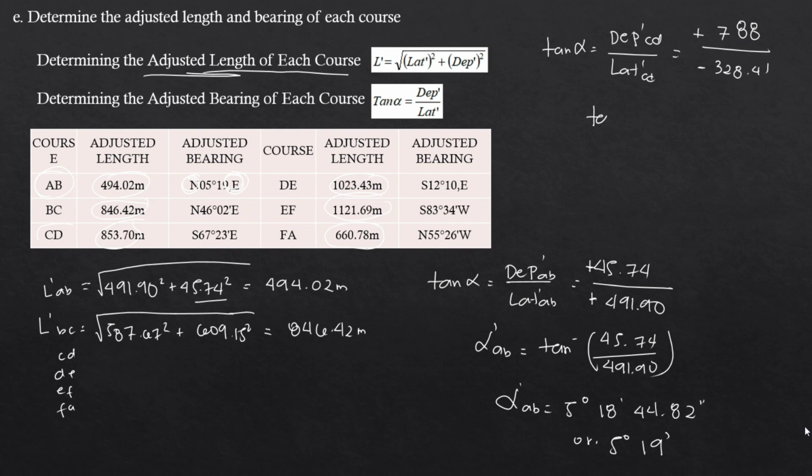So, adjusted bearing ng CD natin ngayon is equal to inverse tan times 788 over negative 328.41. Okay. Is equal to ilan?